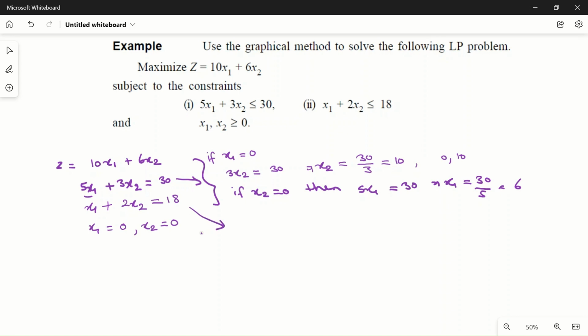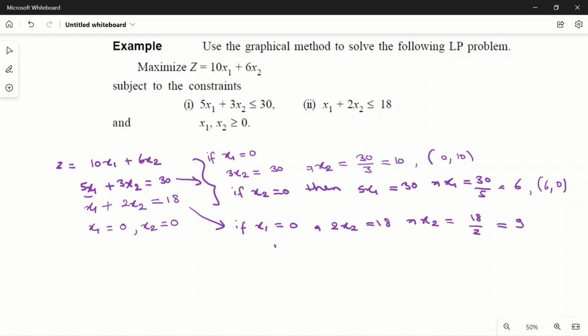Now similarly for this equation, if x1 is 0, then 2x2 is equal to 18, so x2 is equal to 18 by 2, which is equal to 9.